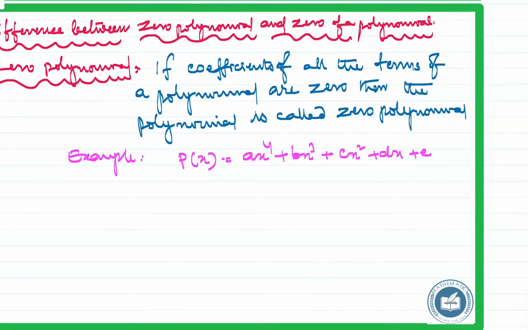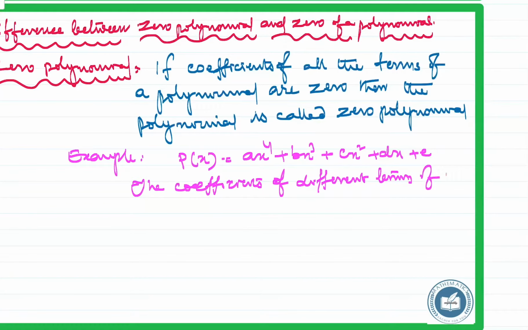Here a, b, c, d, e are the coefficients. Here e means e times x to the power of 0.